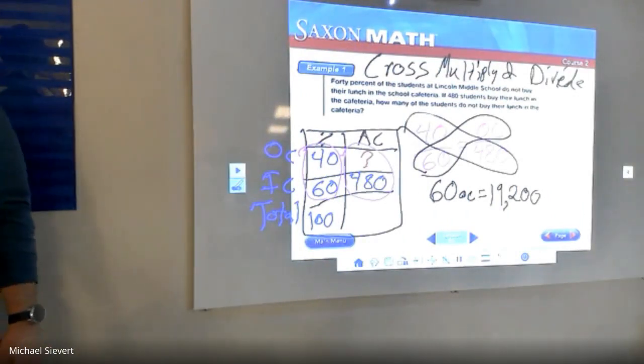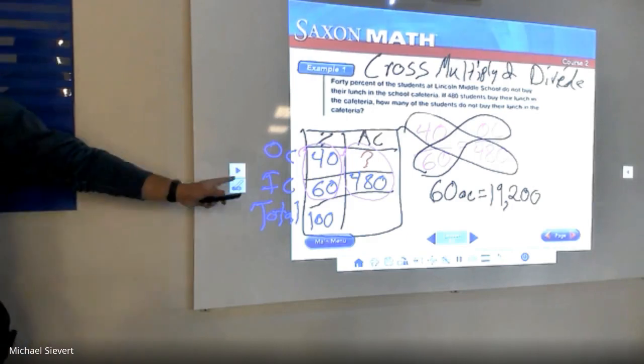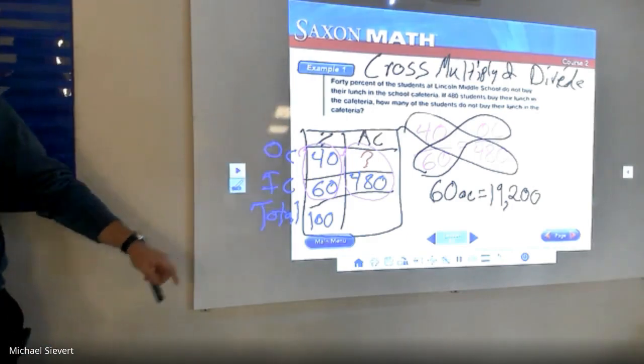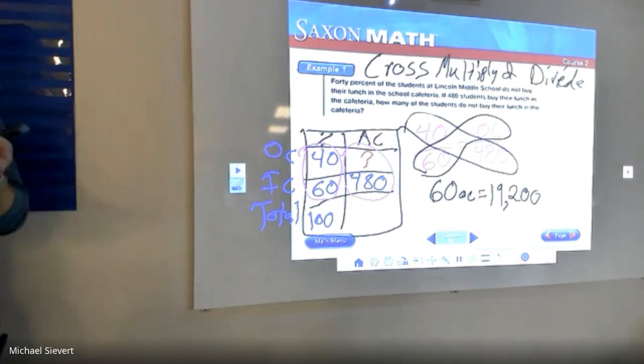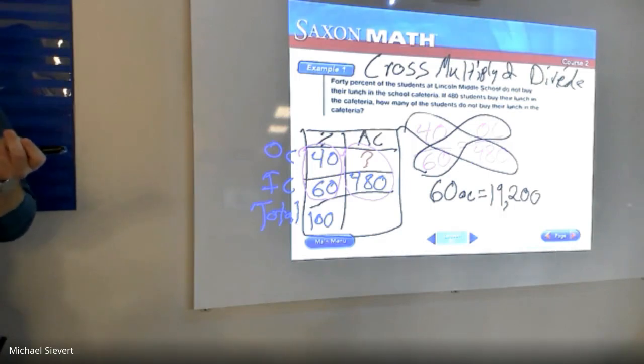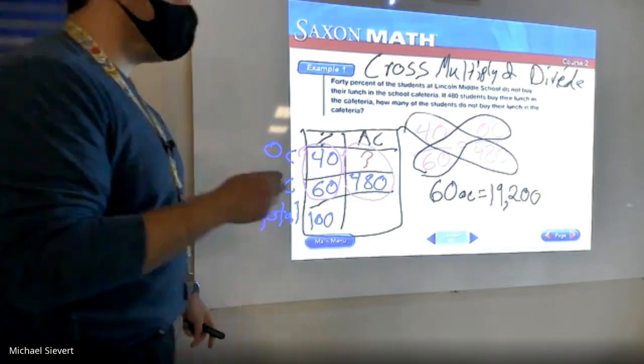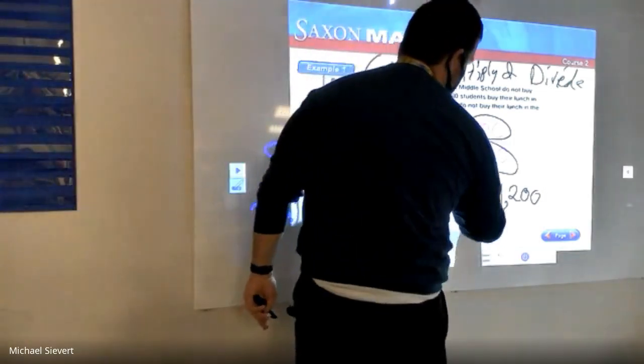William? Correct. Do you divide by 60 or by 19,200? Which number do you use to divide? No, the outside. Right, because whatever number is next to the letters, you divide by.